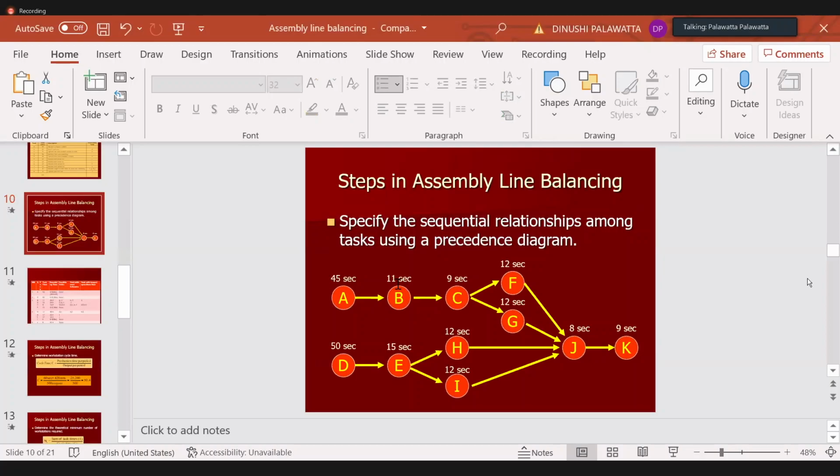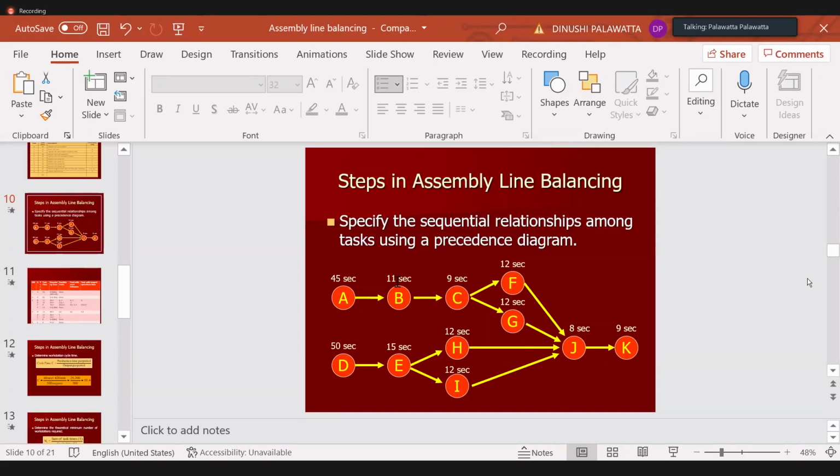So actually in practice, what we are not allowed to do is balance the assembly line violating the precedence. Unless specified, it is not necessary to use the primary rule and secondary rule that I mentioned in this lecture.